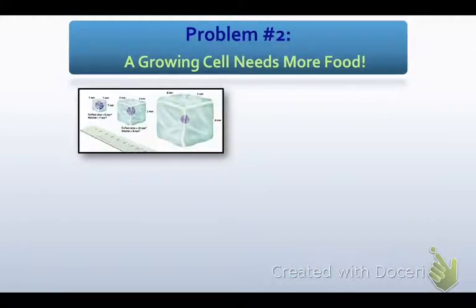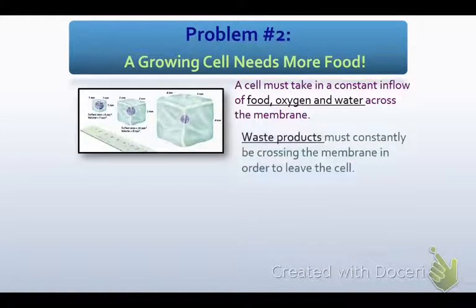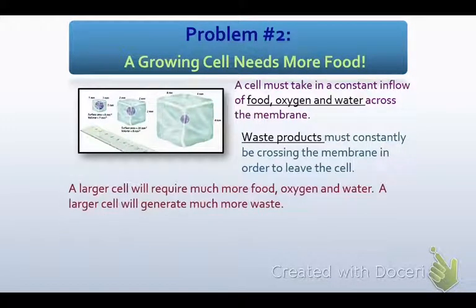Problem number two is that a growing cell needs more and more food. A cell must take in a constant inflow of food, oxygen, and water across the cell membrane, and waste products must cross the membrane in order to leave the cell. So a larger cell will require much more food, oxygen, and water, and it will generate more waste.